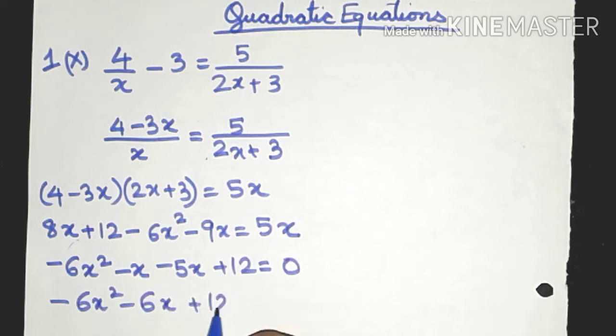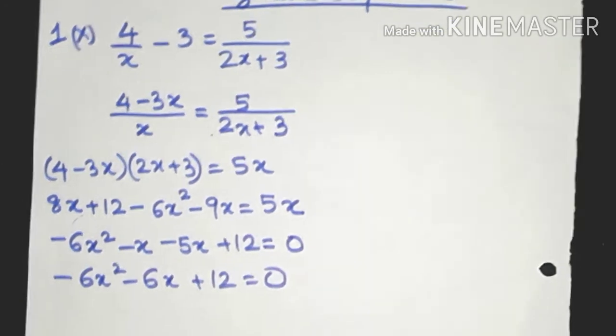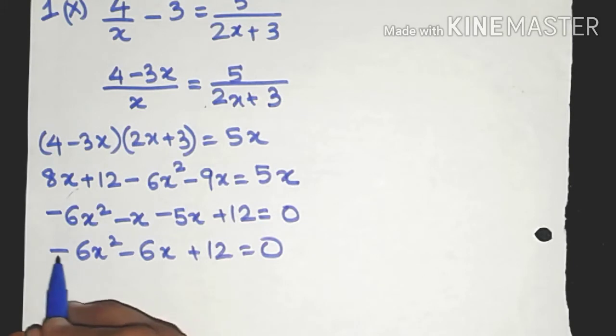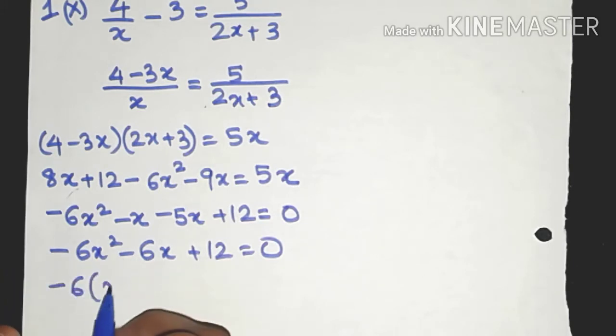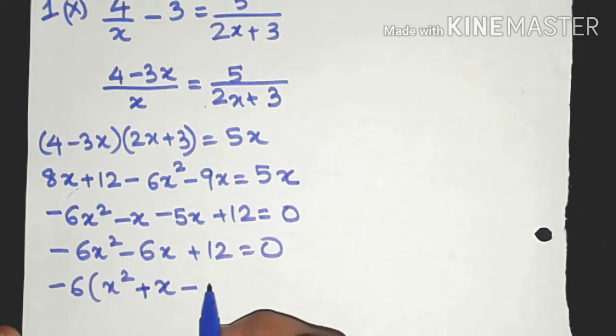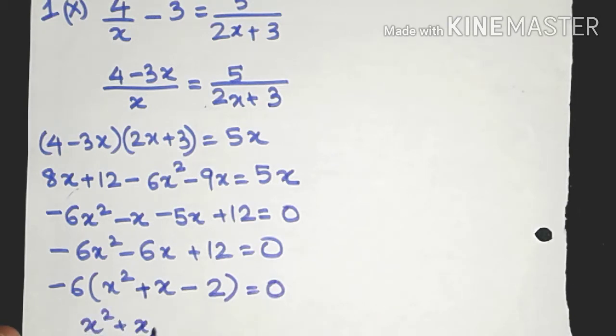So it reduces this way. Now for convenience, I'll take out minus 6 common. Minus 2. Okay, so what will happen? I will get the quadratic equation this way.